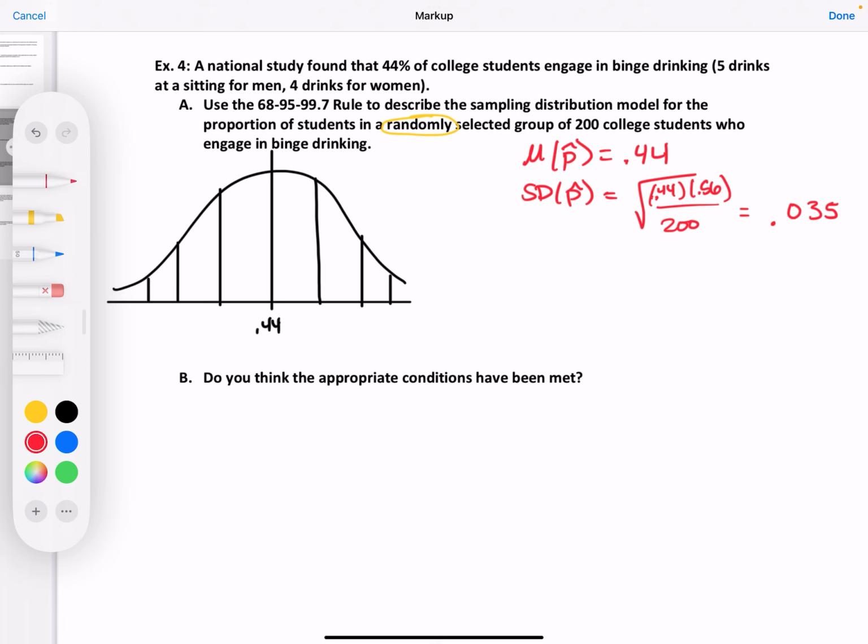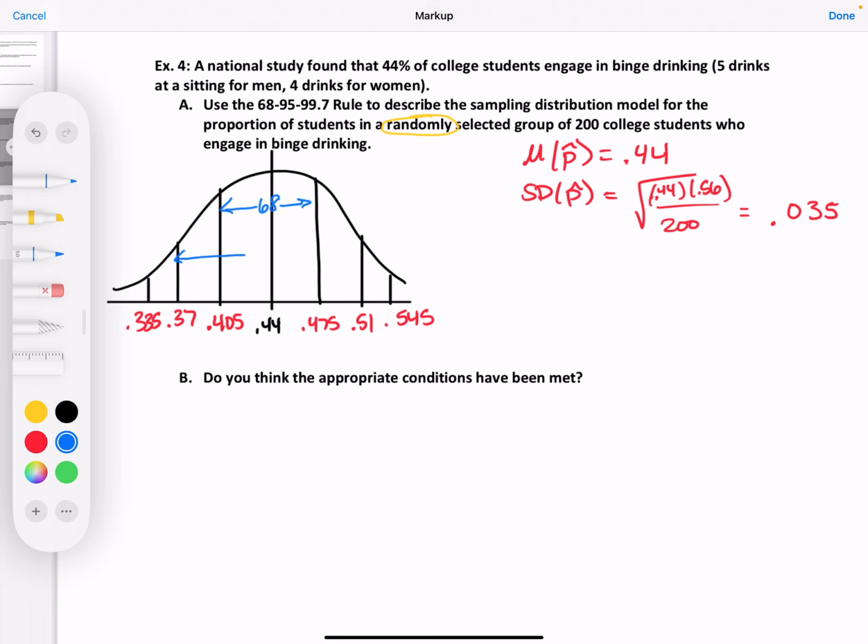So then plus 0.035, 0.475. 0.51. 0.545. Then the other way. 0.405. 0.37. 0.335. So then we just have to draw in the 68, 95, and 99.7.